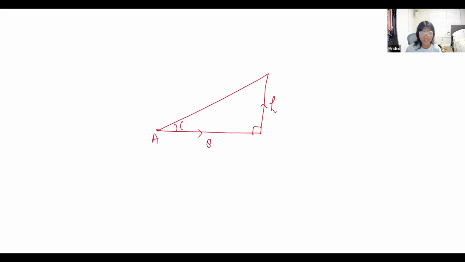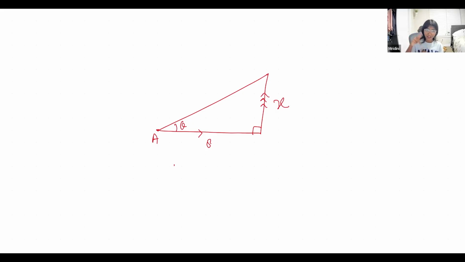If the angle is given and we need to find the height, and I have the adjacent side x, which trigonometric ratio will we use? Cosine? Why?